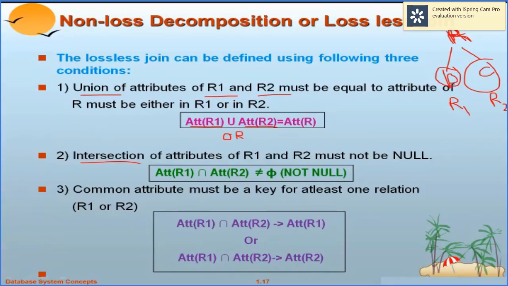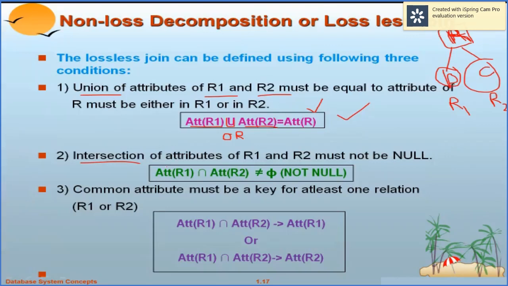So when you apply the union operator between the attributes of R1 and R2, I should be able to get all the attributes present in the original table, that is R. So no attribute should be missing. In that case, I say the decomposition is lossless.